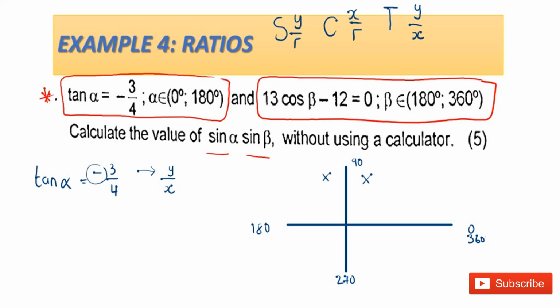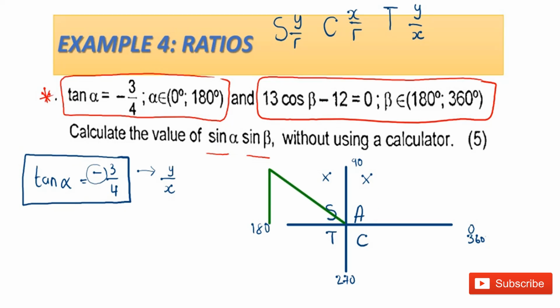What other information are we also given? We can see here that your tan is negative. Okay, so where is our tan negative? We know that All Students Take Care, right? So since we're working in the first two quadrants and we are told that tan is negative, tan is positive here, but tan is negative there, right? So we are working in the second quadrant, right?